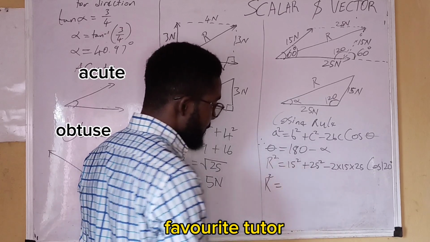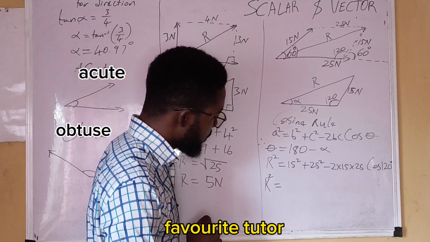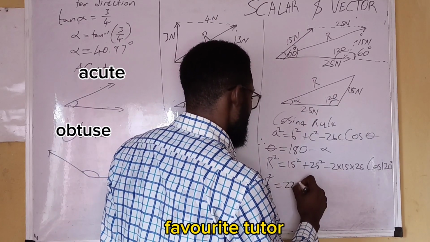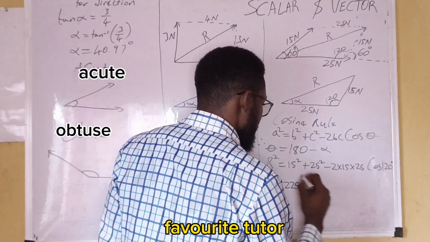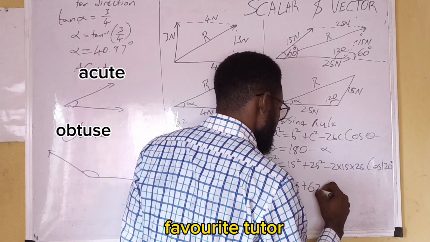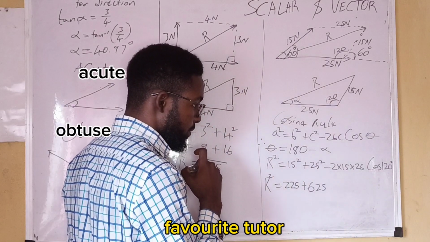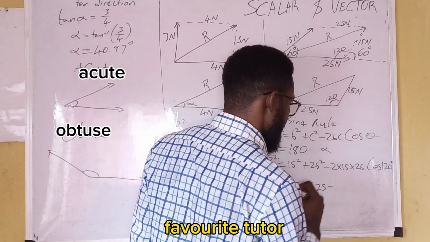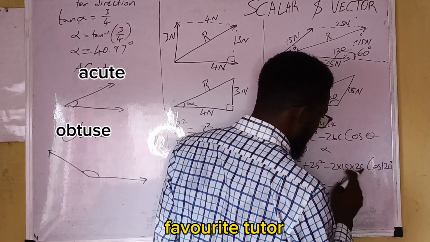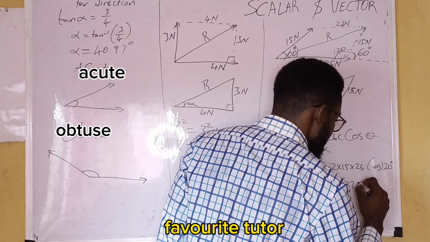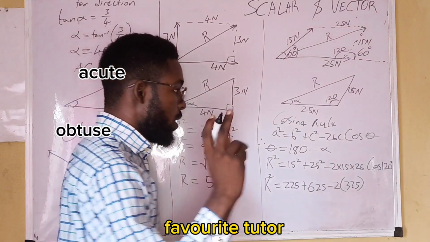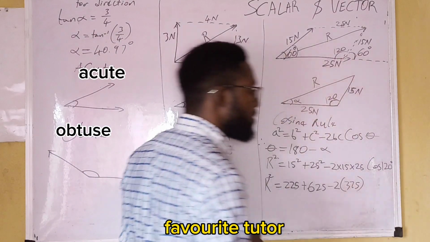A squared is 15 squared, which gives us 225, plus 25 squared, which is 625, minus 2 brackets 15 times 25, that's 375, cos 120. Cos 120 is minus 0.5.